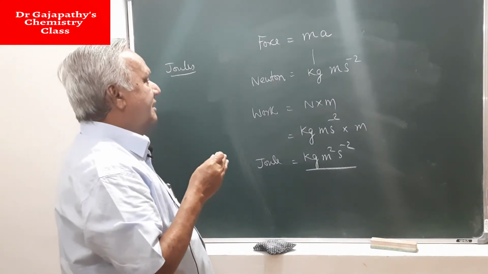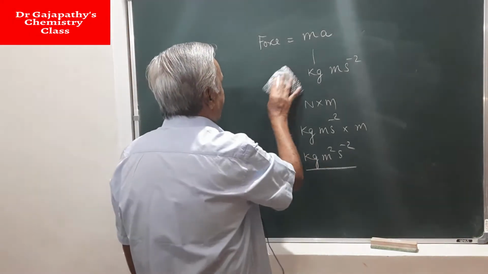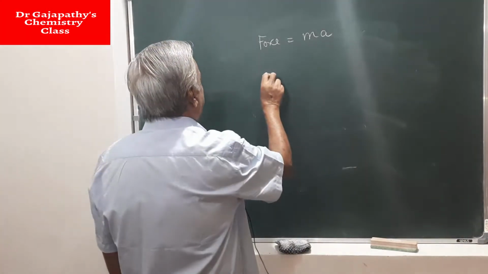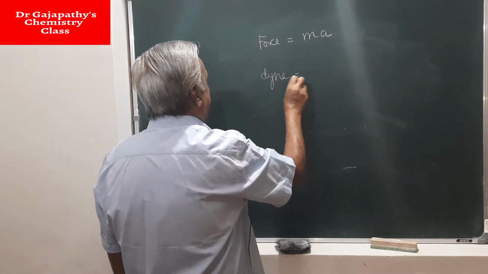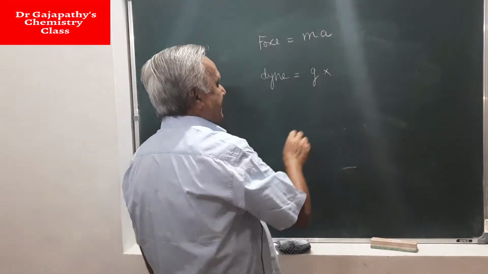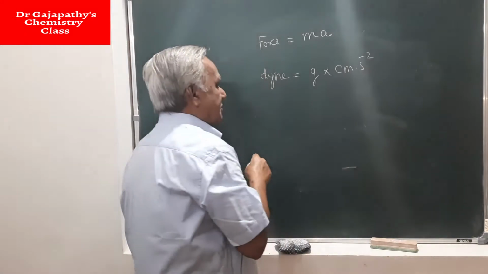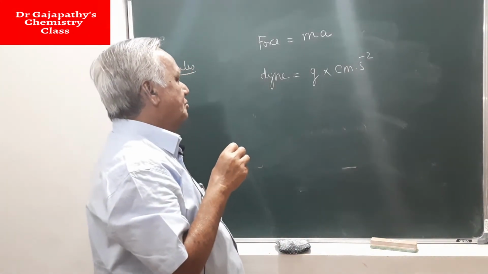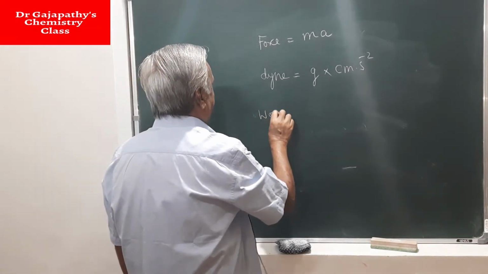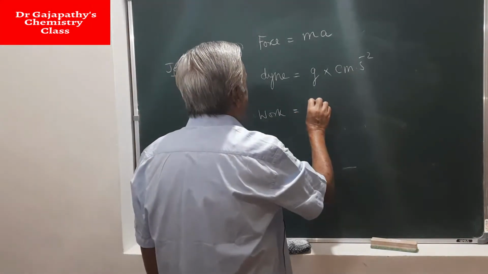Let me describe this in the CGS system also. In the CGS system, force is expressed in terms of dyne, mass in gram. Acceleration is centimeter per second square. So gram centimeter second minus 2 is a dyne. And work is force into displacement.